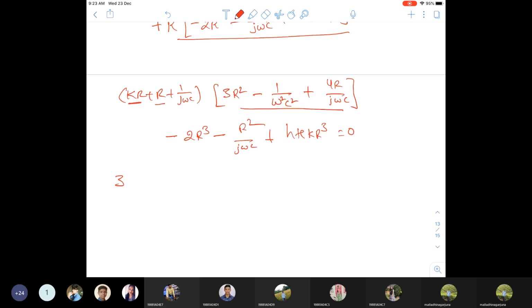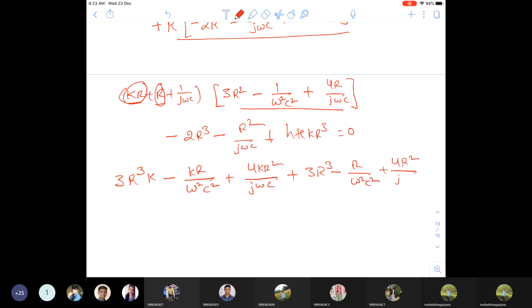So you expand: 3r cube k minus kr by omega square c square plus 4k r square by j omega c. I multiplied kr with this term. Next, multiply r with this term. You'll get 3r cube minus r by omega square c square plus 4r square by j omega c.